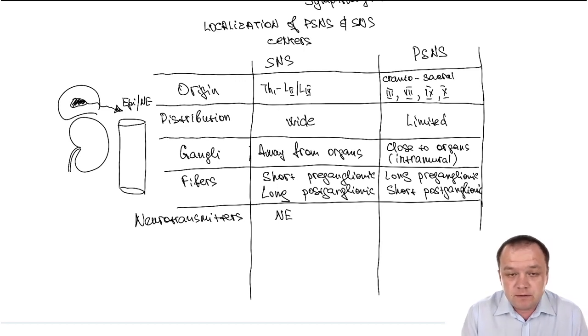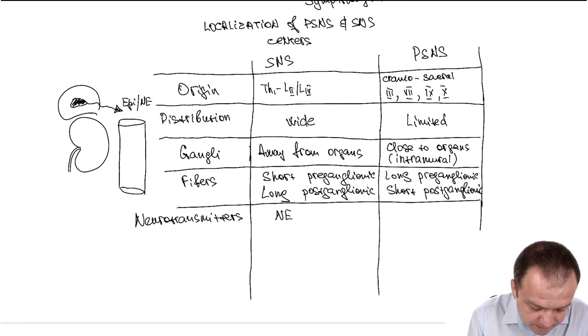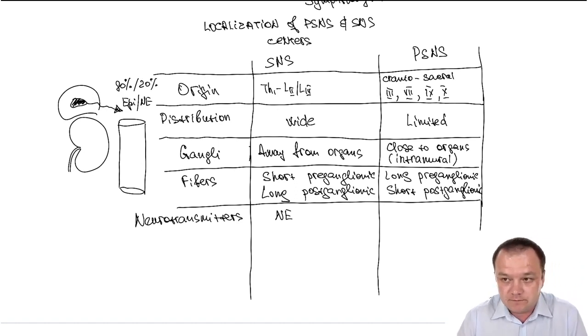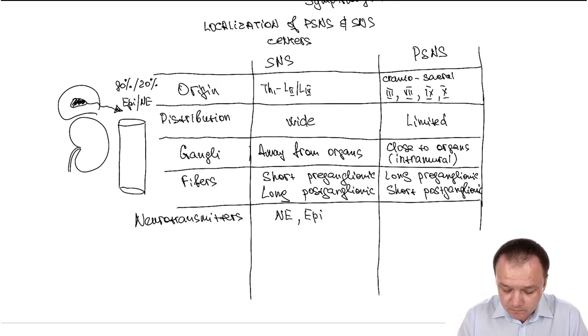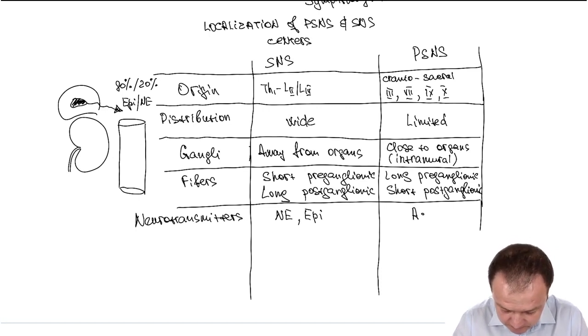And adrenal medulla releases 80% epinephrine and 20% norepinephrine. So the major neurotransmitter for sympathetic nervous system is norepinephrine, but epinephrine also. And the major neurotransmitter for parasympathetic nervous system is acetylcholine.